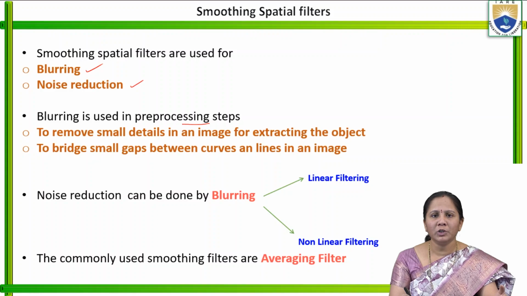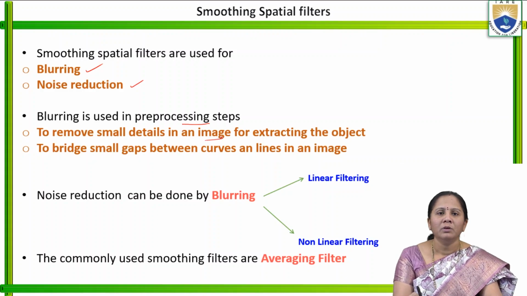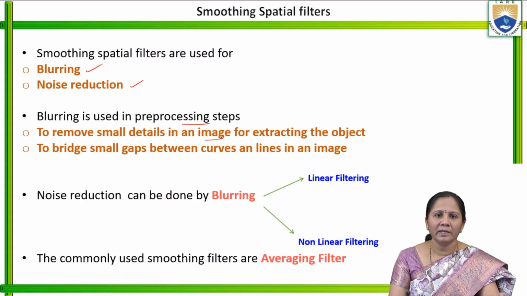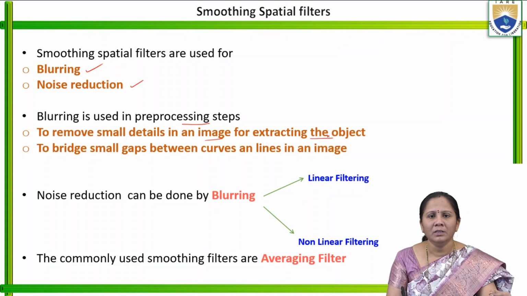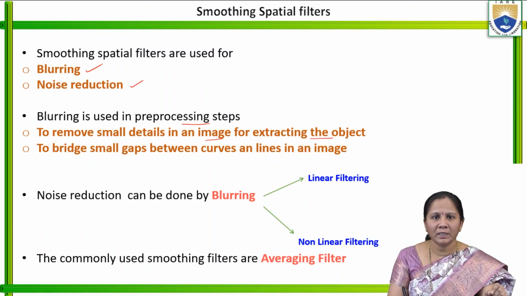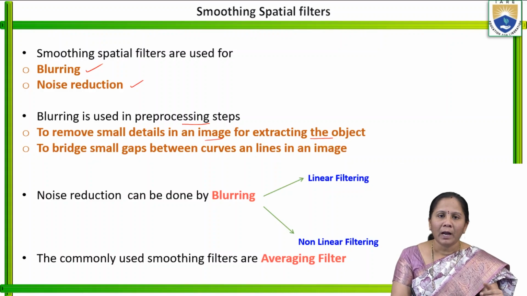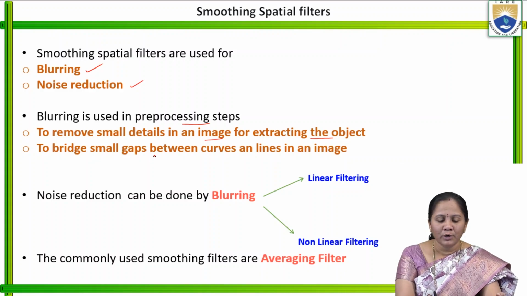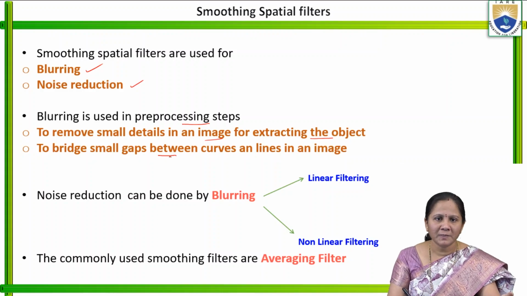The main function of blurring in the pre-processing steps is to remove small details present in an image. If you remove small details present in an image, the main intention is to extract the object that is of interest. Another reason is to bridge the small gaps present between curves and lines in the image.